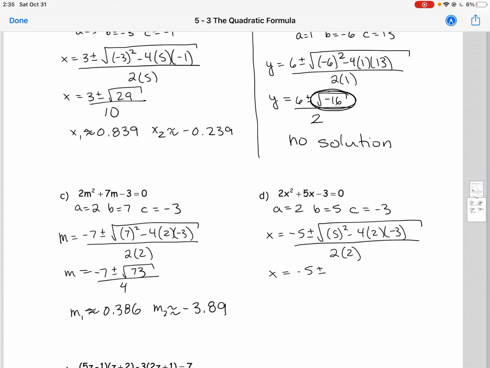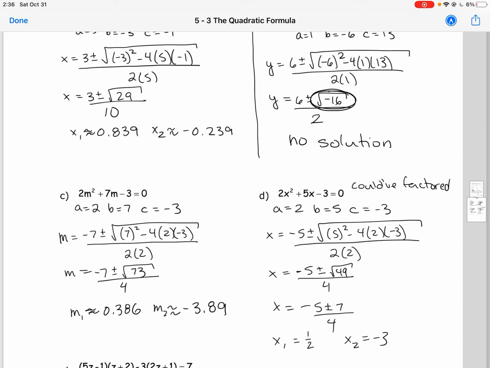Simplifying underneath the square root is going to give me 25 plus 24, so root 49 over 4. Root 49 is a nice number, so I've got 5 plus or minus 7 over 4, which gives me my first answer as a half, and then my second answer as minus 3. So all this tells me that they worked out nicely, is that I could have factored.